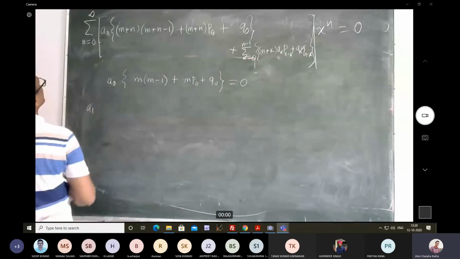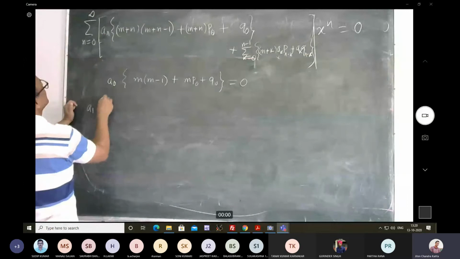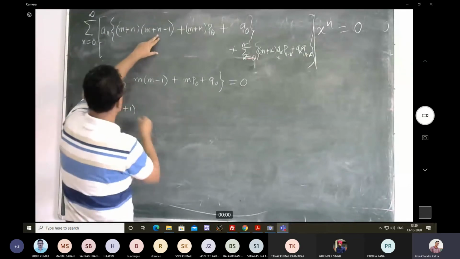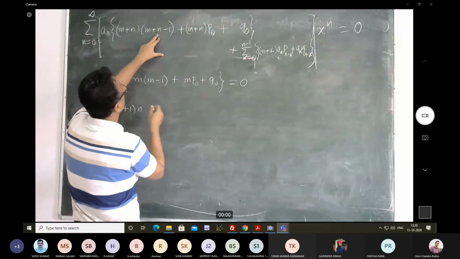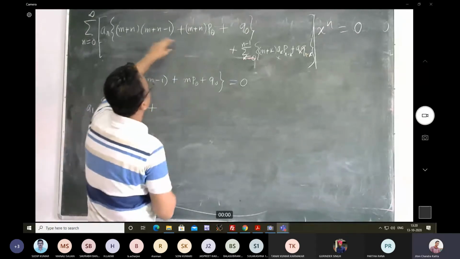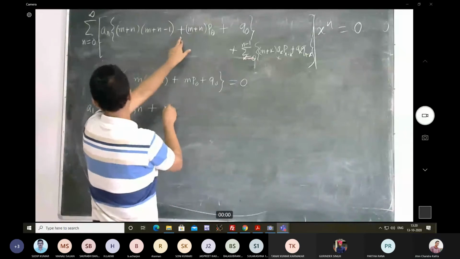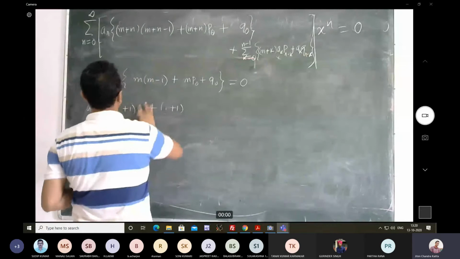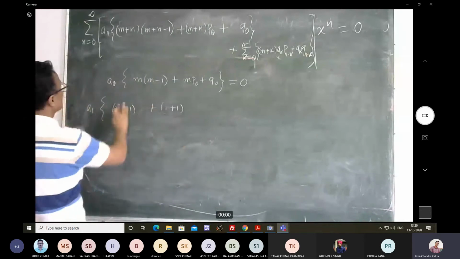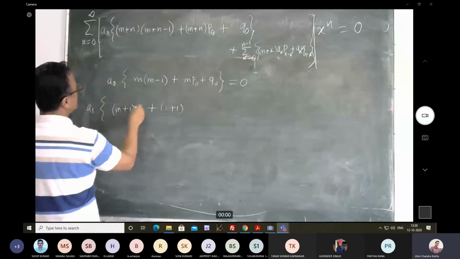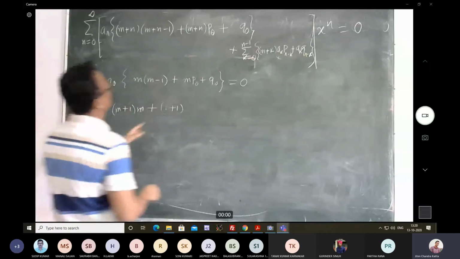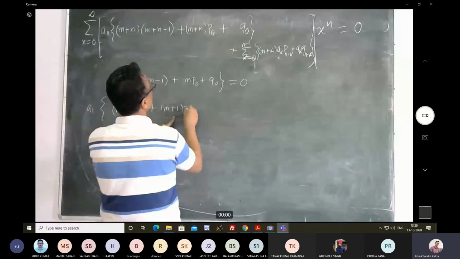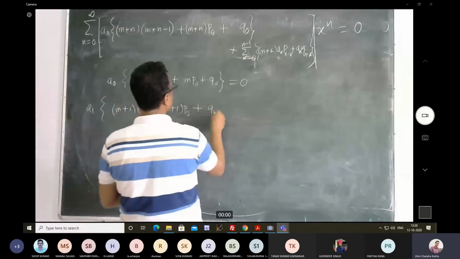You get a_1, then (m plus 1) into m, plus, sorry, this is not n because n is already 1, m plus 1 into m, then (m plus 1) p naught plus q naught.